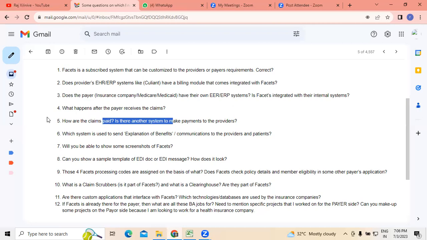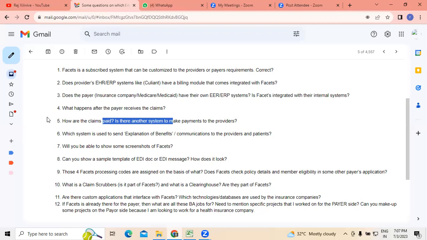Channels might be different, but at the end of the day, everybody has to send their payments to the payers and everything through the clearinghouses only. Payments and everything will be paid through the clearinghouse itself. Understood? Clear? Yes.